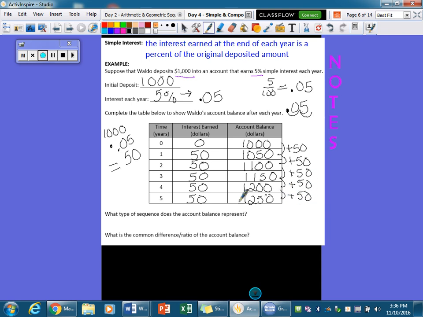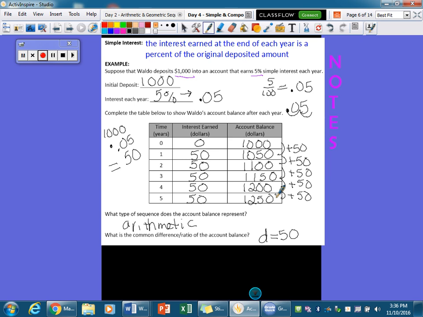So that would make this an arithmetic sequence. Okay. And now we need to figure out what the common difference or ratio is. Well, remember, when it's arithmetic, it's difference, so it's just d equals 50. And that's all there is to it.